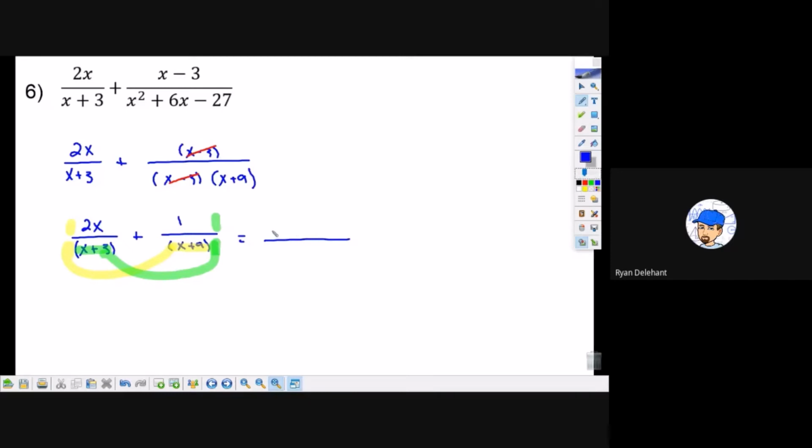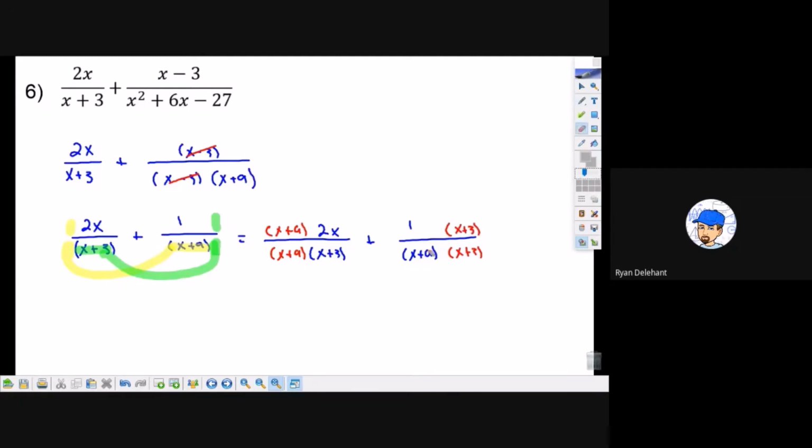So we end up with 2x and x plus 3, 1, and x plus 9. And this is going to get the x plus 9 on the top and the bottom. This is going to get the x plus 3 on the top and the bottom.